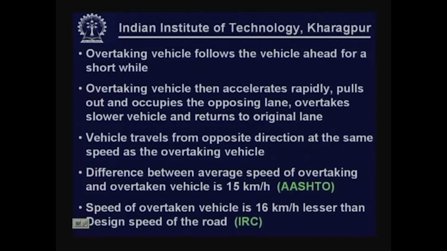So, it is assumed that the vehicle from the opposite direction is also travelling at the same speed as the overtaking or passing vehicle. Then the difference between average speed of overtaking and overtaken vehicle is 15 km per hour.